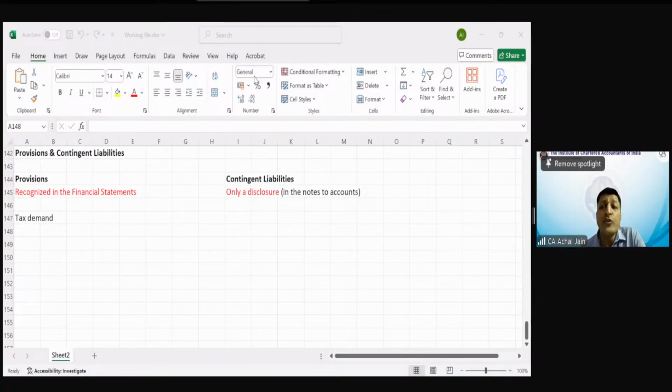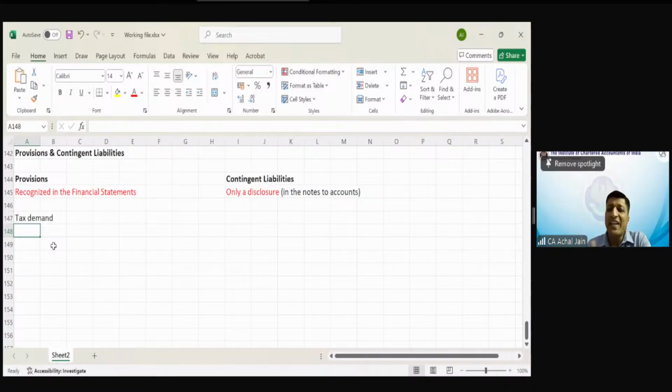Priyanshi says provisions are also required to protect the company from sudden losses. For example, provision for doubtful debts. Yes, that could also be one of the examples of provisions. But there again, one aspect you need to consider is that when you create a provision for doubtful debts, what is the basis?